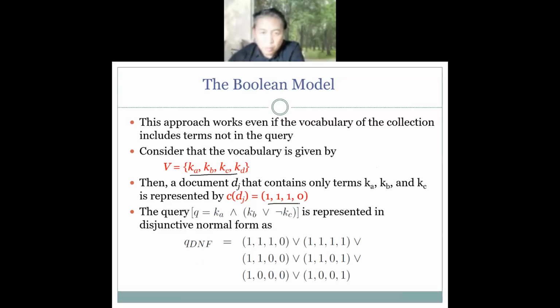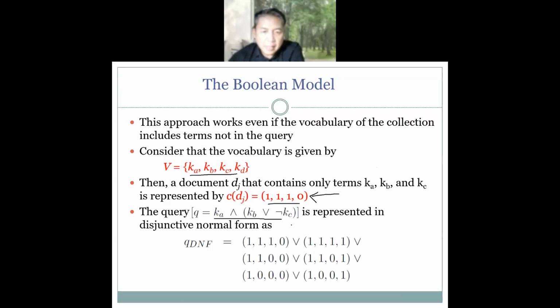So for this document J, I must have keyword A, keyword B, keyword C, and no keyword D. If I have a query that has this one, I need to match with this one.